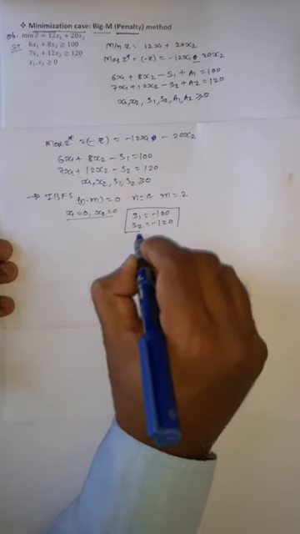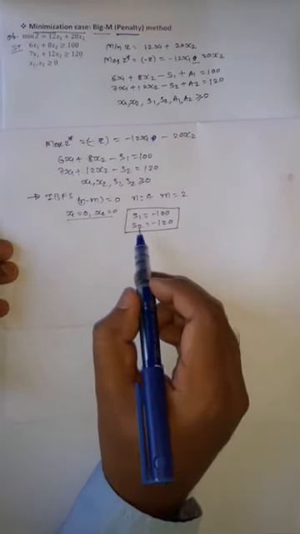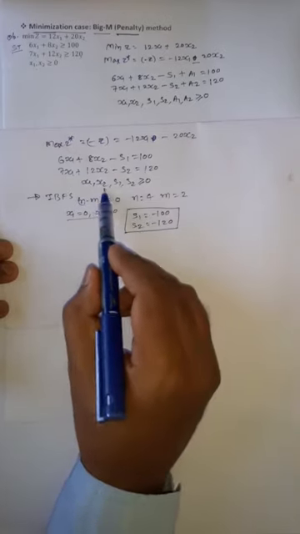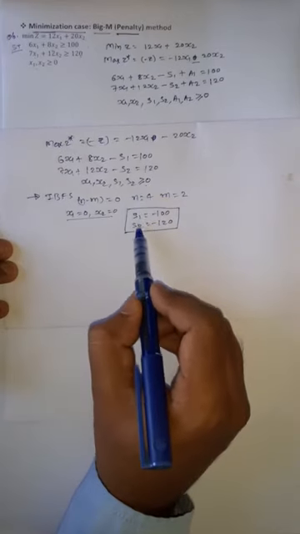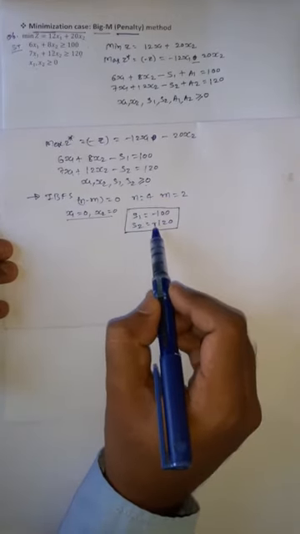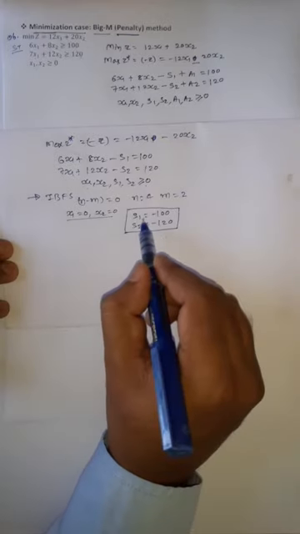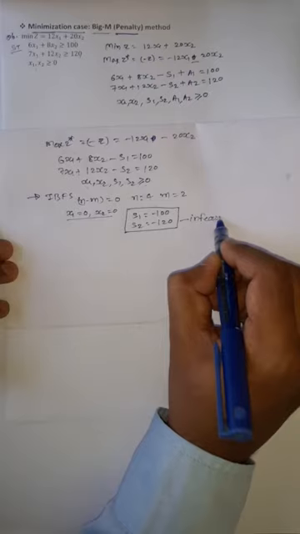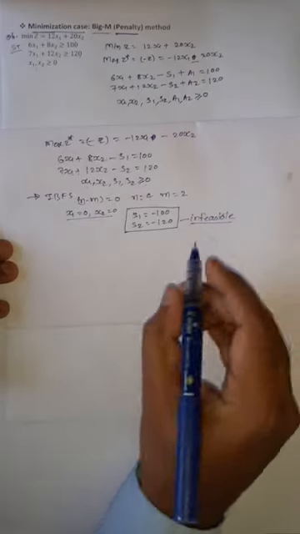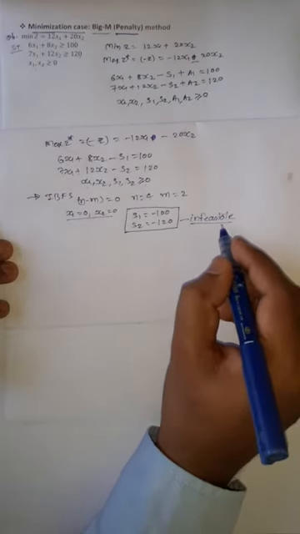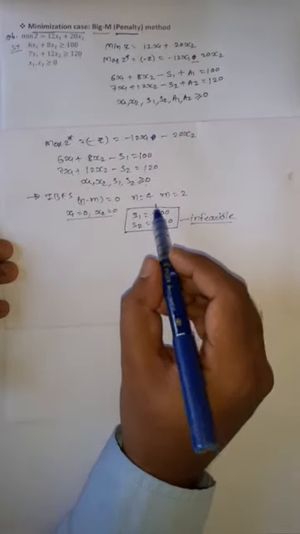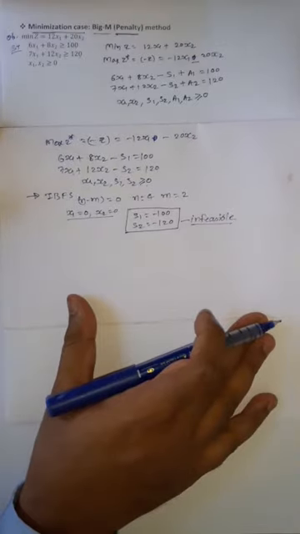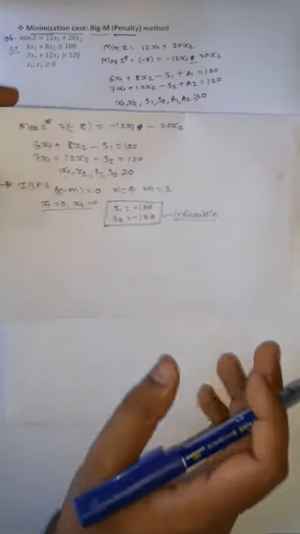This solution does not follow the feasibility condition, since x1, x2, s1, s2 must be greater than or equal to 0, but here s1 and s2 are less than 0. So by following this method we get an infeasible solution. To avoid this infeasibility, we first have to add artificial variables to get a feasible solution. This is the reason why we add artificial variables here.